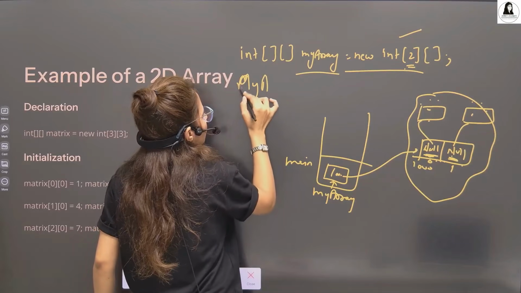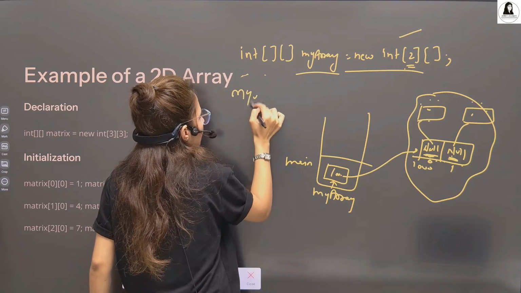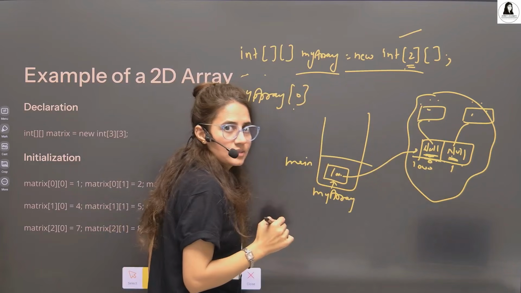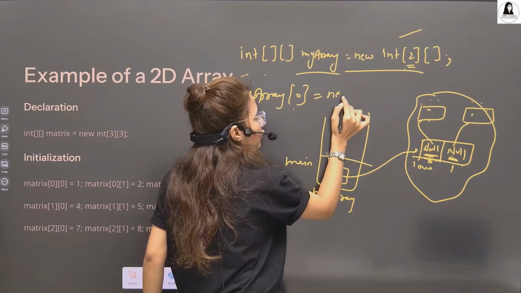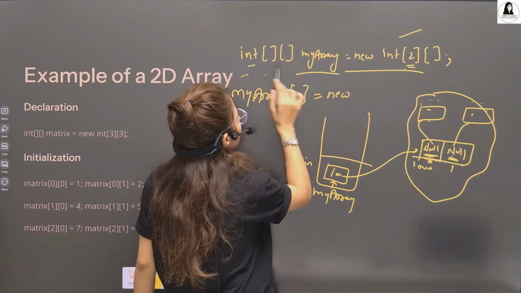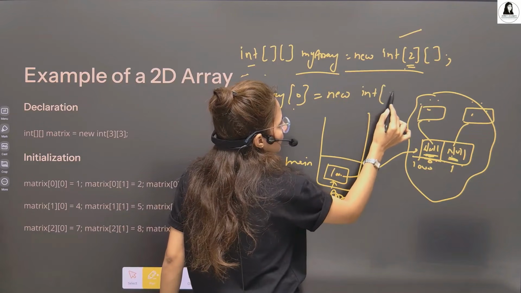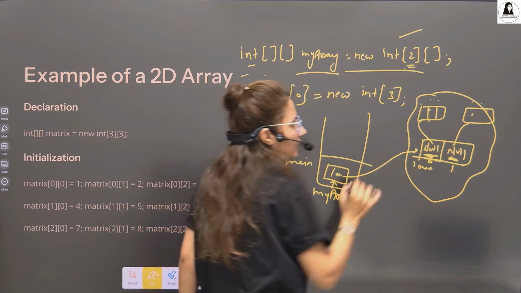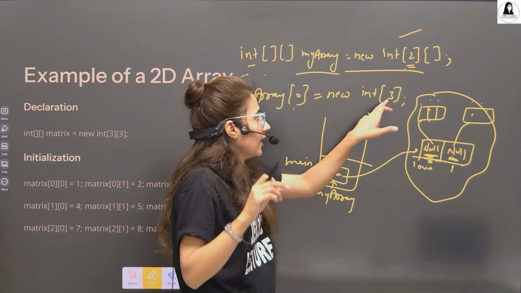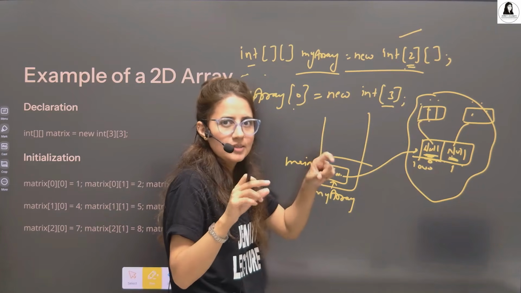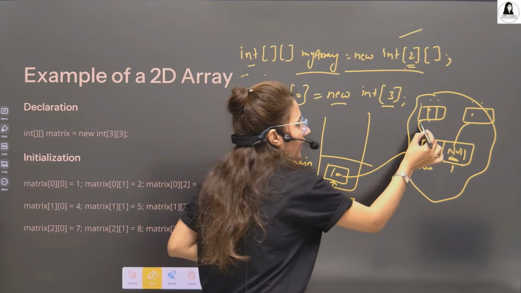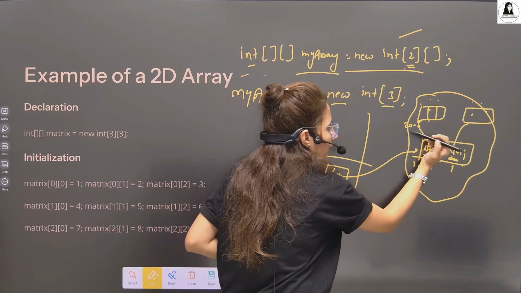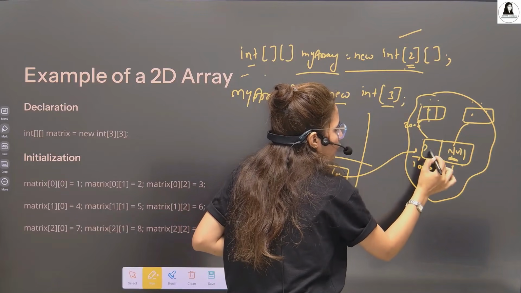The name of this is myArray, so we'll write myArray[0] equals new int[3]. This means a 1D array having 3 columns, or 3 elements, would be created. New means created, and the address of that is now referred to here. Suppose the address is 2000. So in place of null we now have 2000.